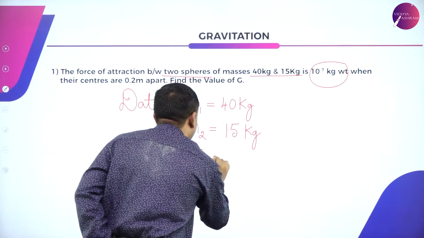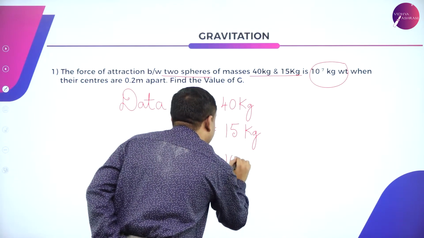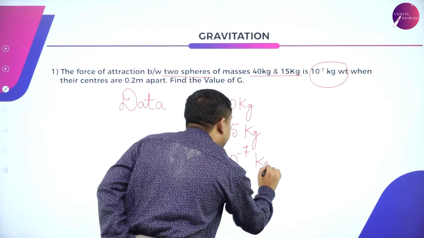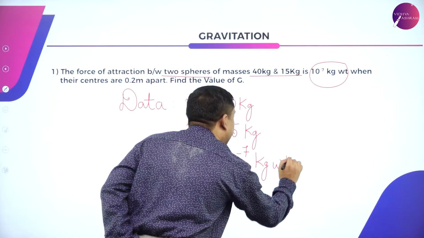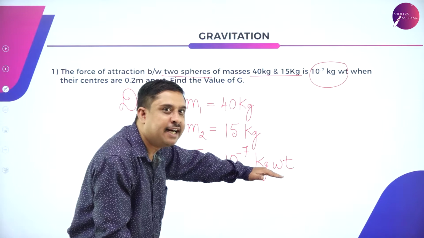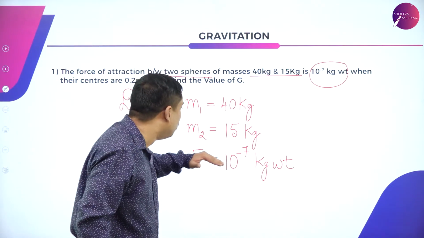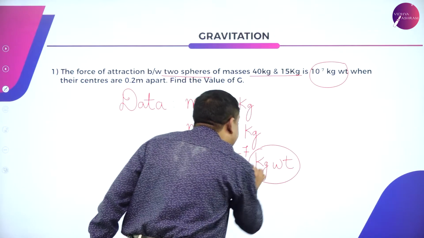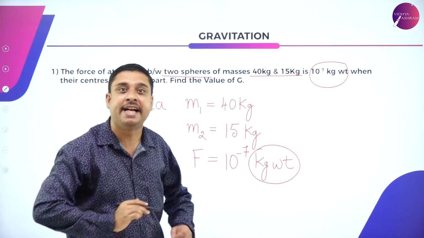F, force of attraction, 10 power minus 7 kg weight. But please do follow here. The unit for force is given to be kg weight.